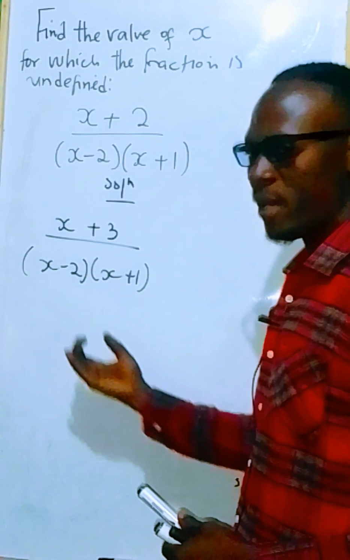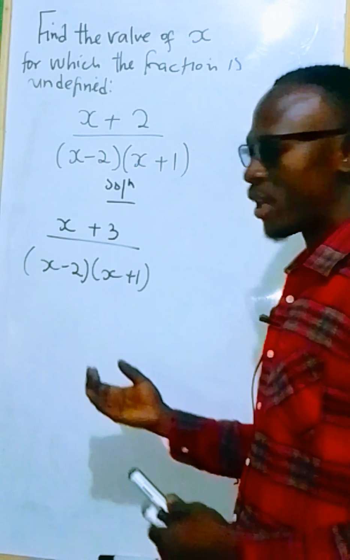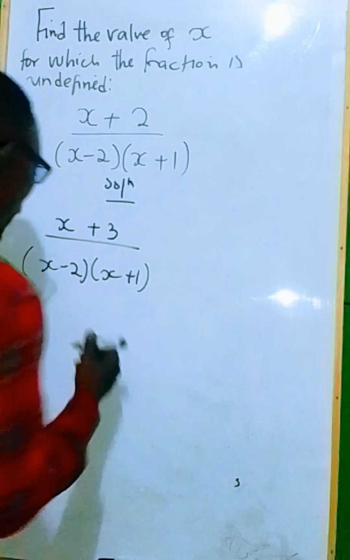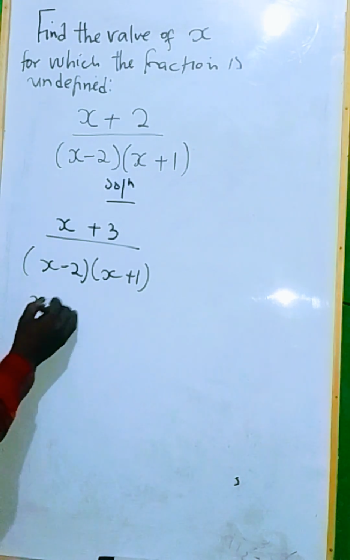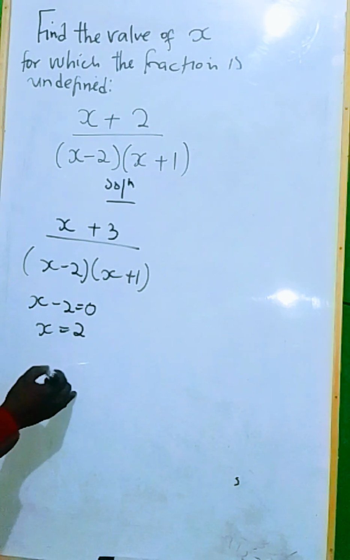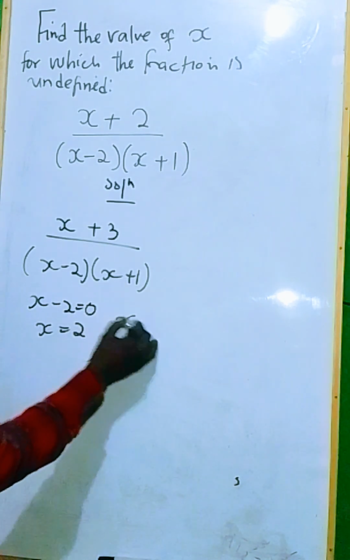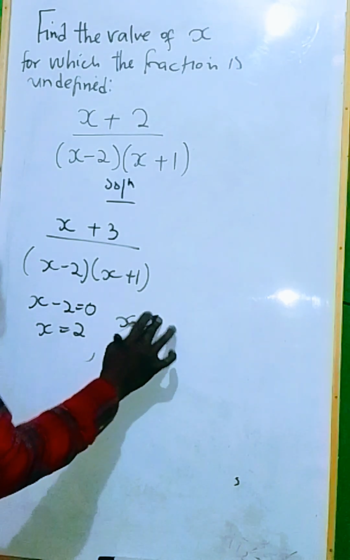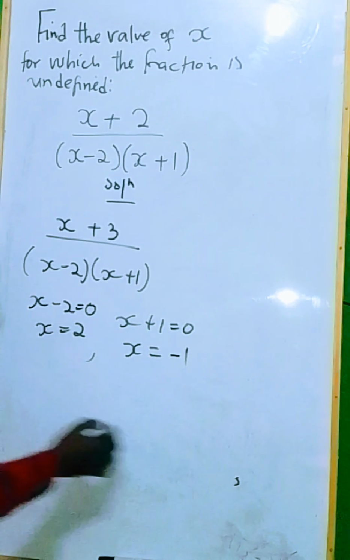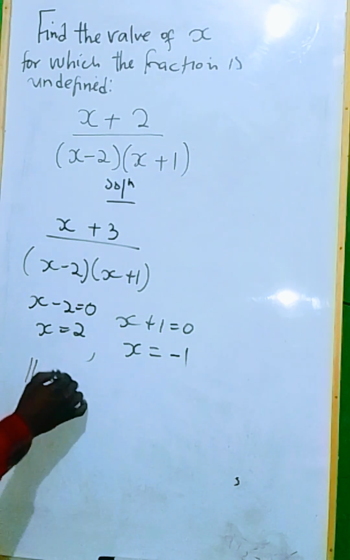After that, we make sure that we do the correct arithmetic to arrive at the correct answer. So we have x minus 2 equals 0, and x equals 2. We also have x plus 1 equals 0, and x equals minus 1.